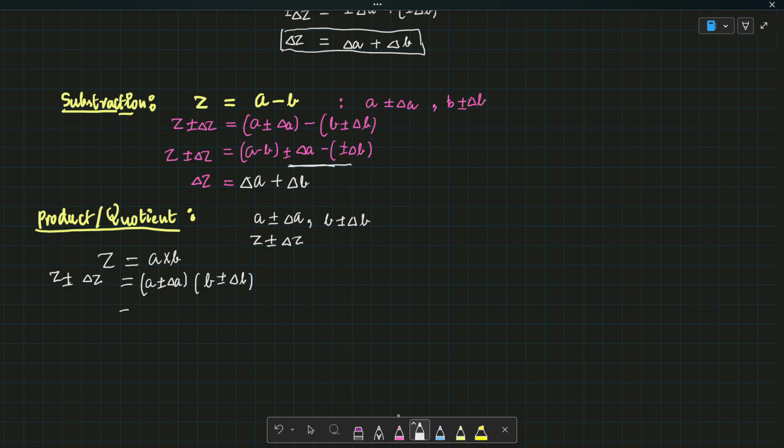So we'll see that this is AB, plus minus B delta A, plus minus A delta B, plus minus delta A delta B. We know that delta A and delta B are very small quantities. That's why their multiplication will be extremely small, and that's why this is considered 0, or we neglect it compared to the other terms. So this quantity is neglected. So we will write it like this: Z plus minus delta Z is equal to this.